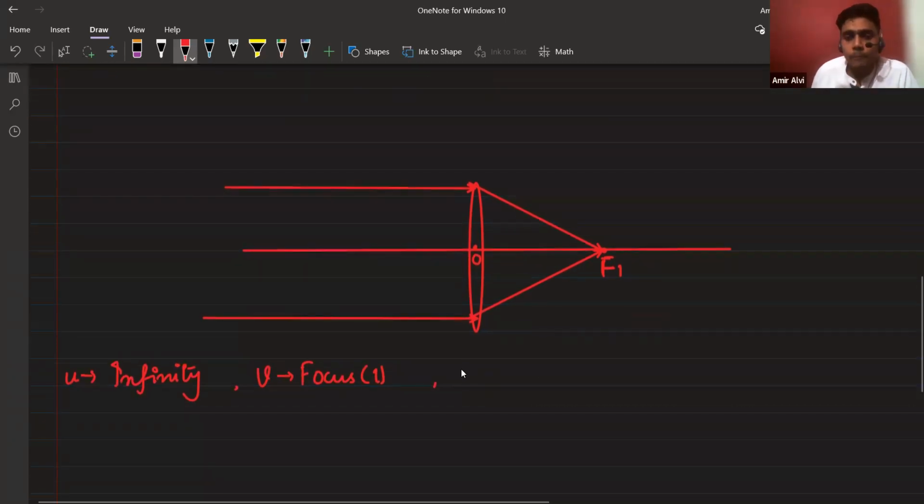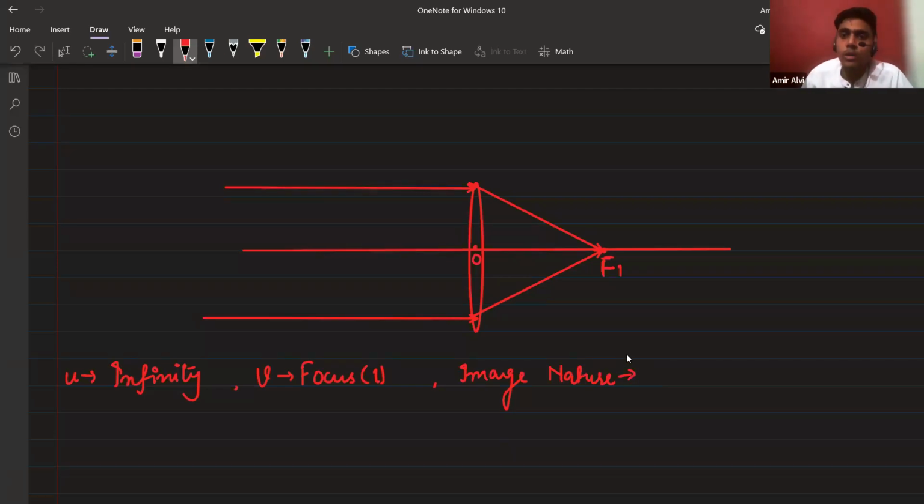Yes or no? Can anybody tell me what's the image nature? I'm not asking about the size. The image is real and inverted. Very good.